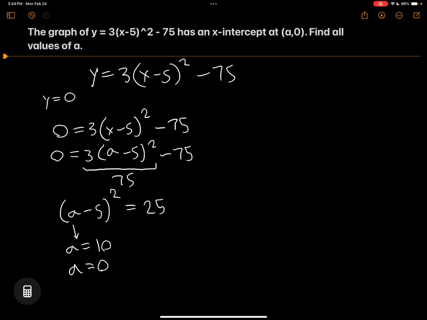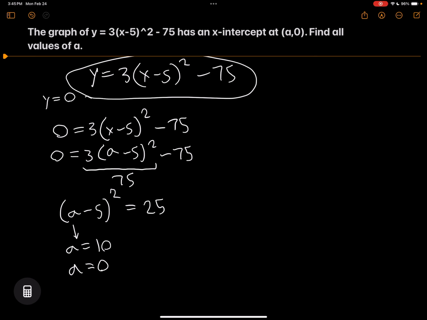So we've got two values for a now, 10 and 0. If we really wanted to be sure, we could plug them into the original equation up here, the unmanipulated one, to make sure everything's all right. So we could test a equals 10, or x equals 10 as it was back up there. Plug it in: 10 minus 5 is 5, squared is 25, times 3 is 75. 75 minus 75 is 0.